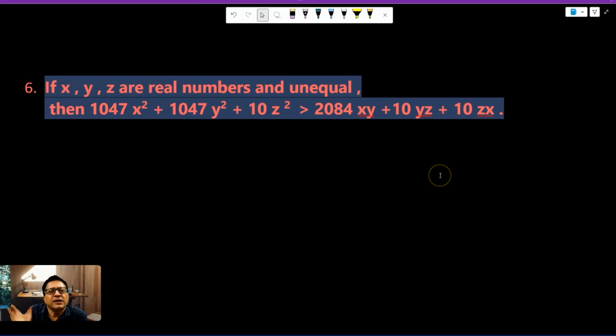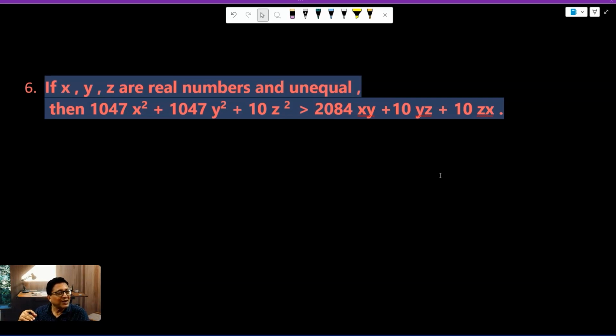Clear? Let us go for another very unusual sum. Looks very unusual. Suddenly 1047, 2084, 10, and x, y, z are real numbers given. How will I prove this thing is greater than or equal to that?